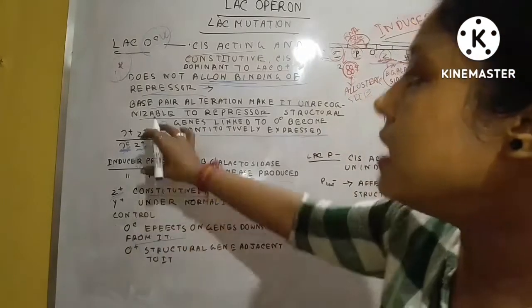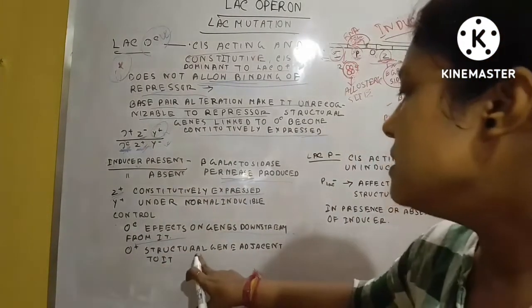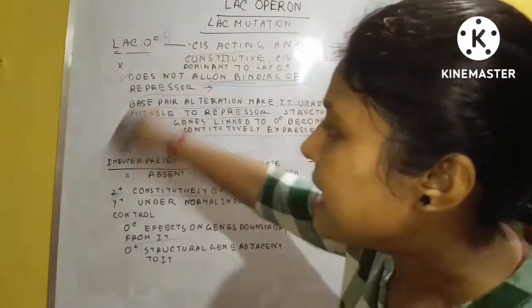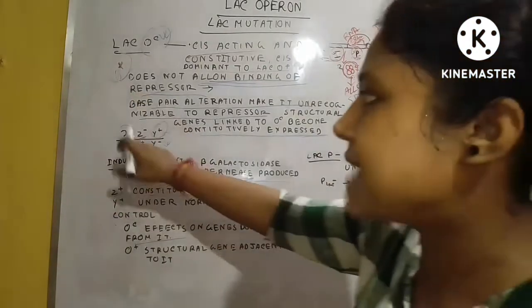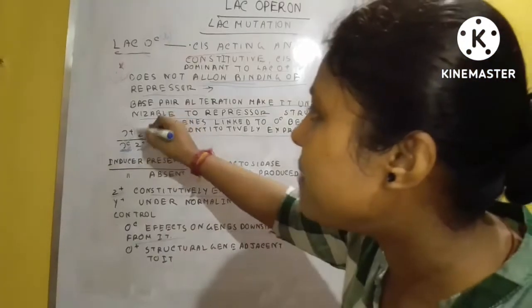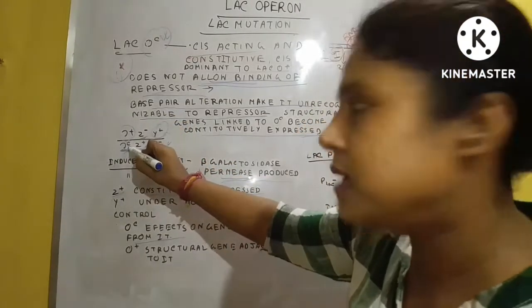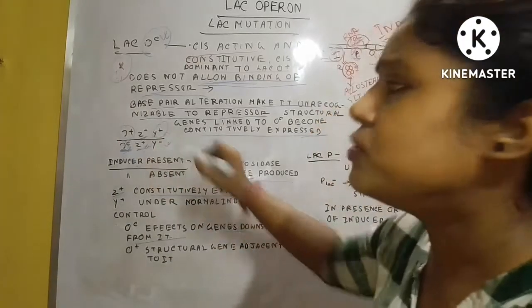But O plus activity affects the Z minus adjacent to it, though its effect is totally downstream of the gene. Okay, downstream of the gene.